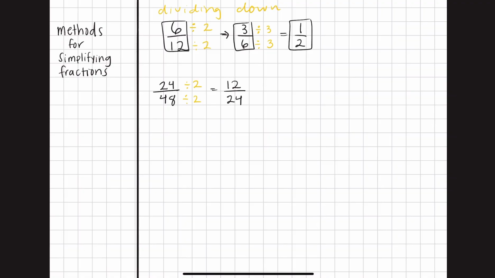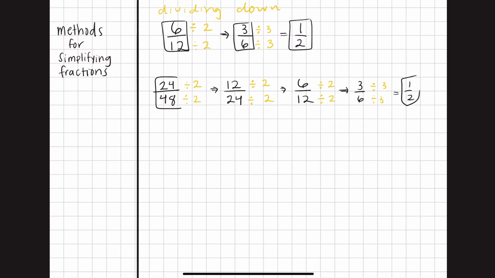I once again have even numbers on the top and bottom, so I can divide both by 2. 12 divided by 2 is 6. 24 divided by 2 is 12. And I can continue to divide by 2. 6 and 12 are both divisible by 2. And we have the fraction that we started with, right? 3 and 6. And both of these are divisible by 3. And I would get 1/2.